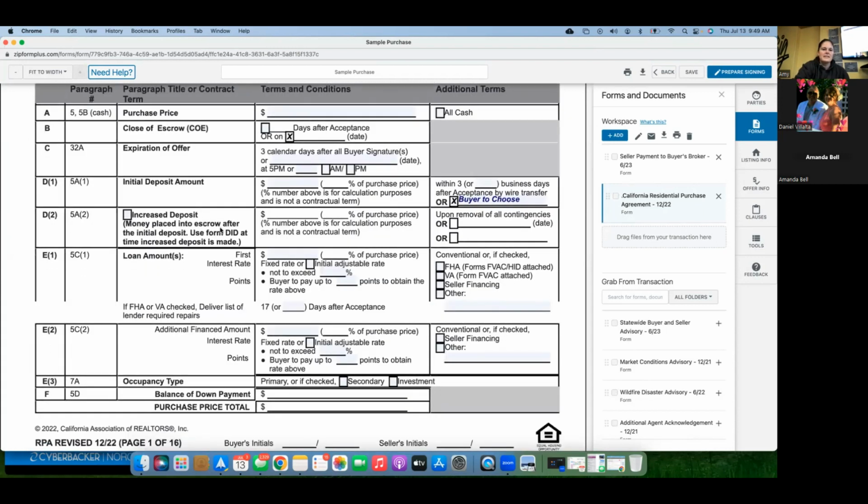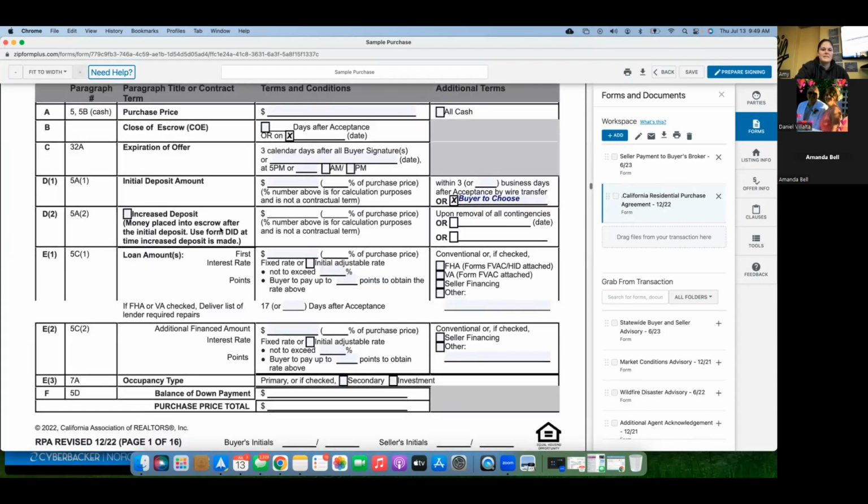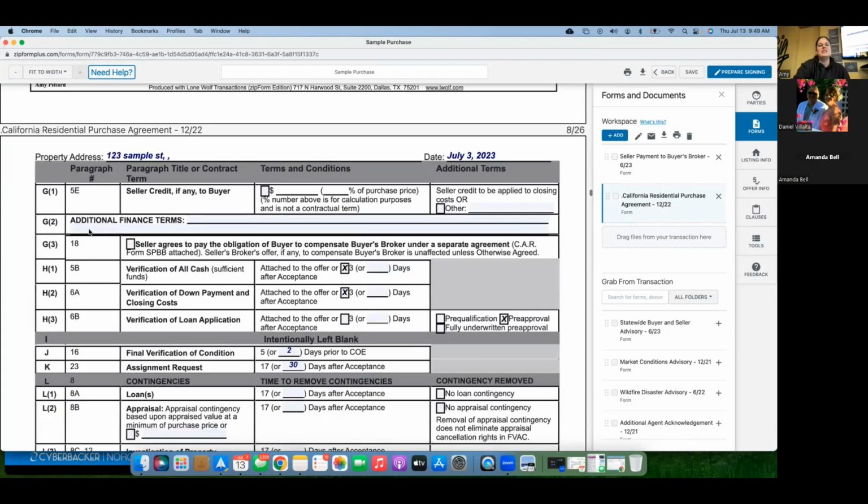All right, let's see here. We've got right here on line G3. So it's 3G3 of the contract. It's G3 of the grid. The seller agrees to pay the obligation of the buyer's compensation to buyer's broker under a separate agreement, CAR form SPBB attached. Seller's broker's offer, if any, of compensation to buyer's broker is unaffected otherwise.